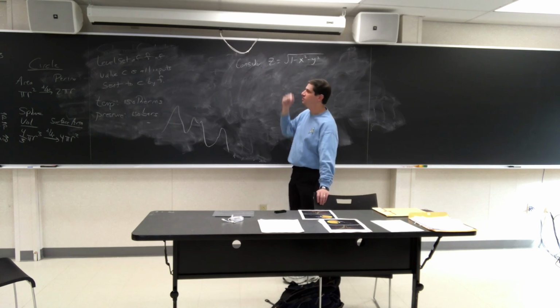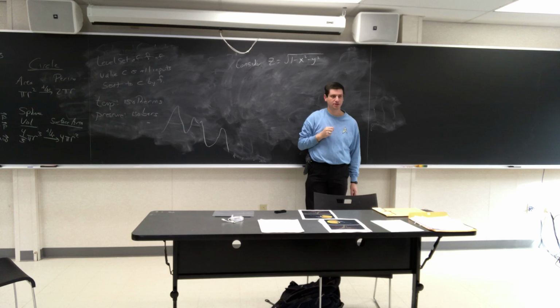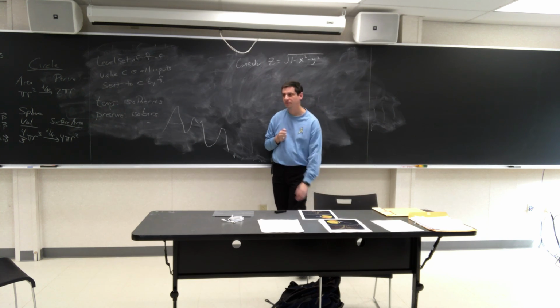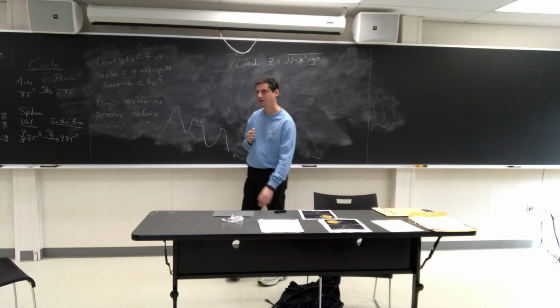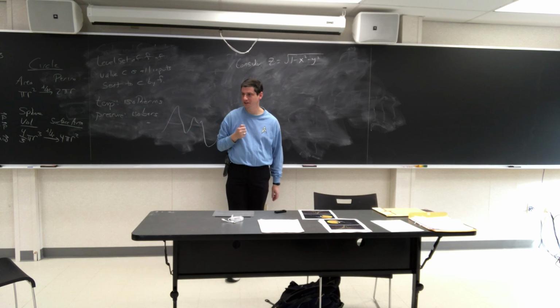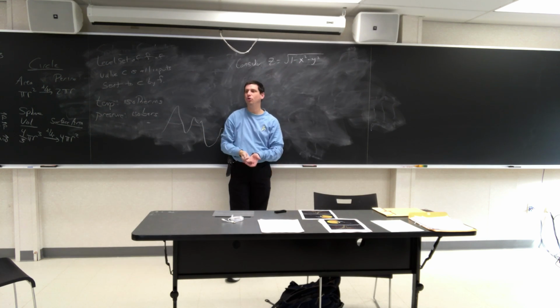What kind of object do you think this is? z equals the square root of 1 minus x squared minus y squared. What kind of object do you think geometrically is this? Sphere? Almost. A sphere is a nice whole object.